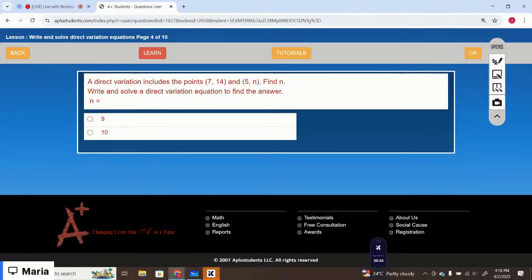A direct variation includes the points 7, 14, 5, r. Find r.